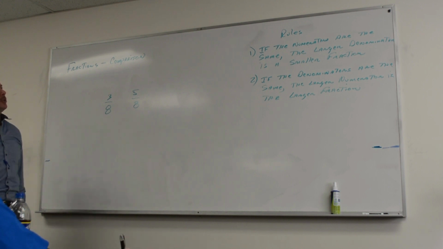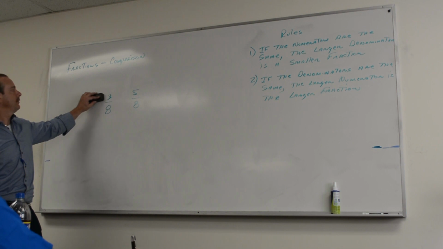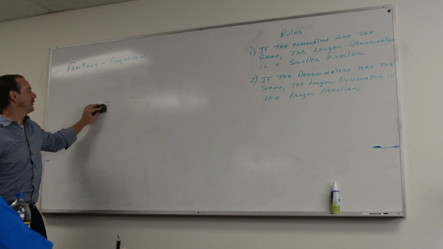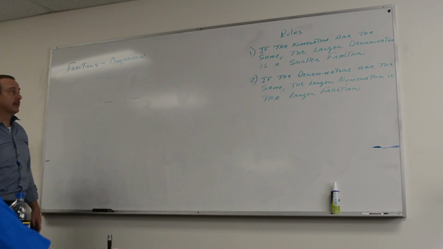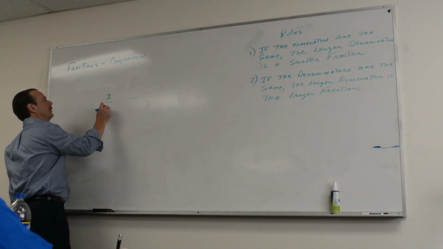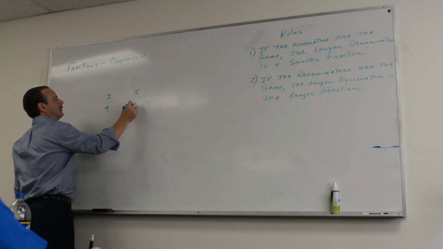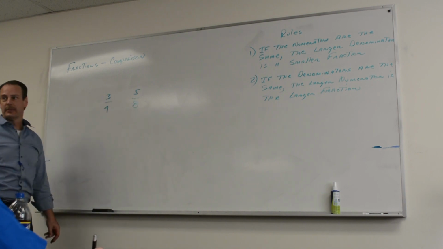Well, we got the scenario if the numerators are the same. We got the scenario if the denominators are the same. There's only one other scenario left. Everything's different. Over here we got 3/4, we got 5/8.